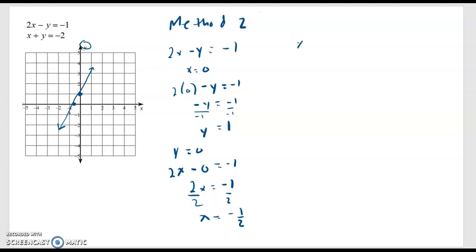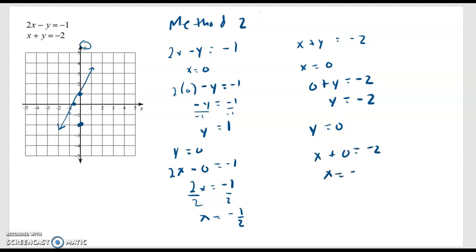I can take the other equation, x plus y equals negative 2. State x equals 0. That means 0 plus y equals negative 2. That means y equals negative 2. So at x is 0, y is negative 2, which is this point right here. And then stating that y equals 0, I have x plus 0 equals negative 2.